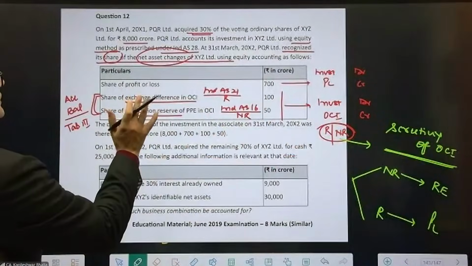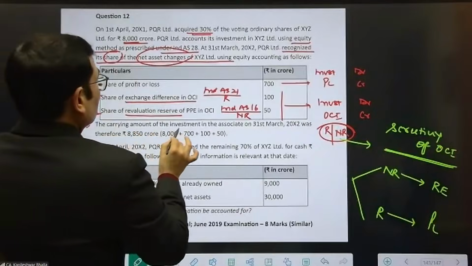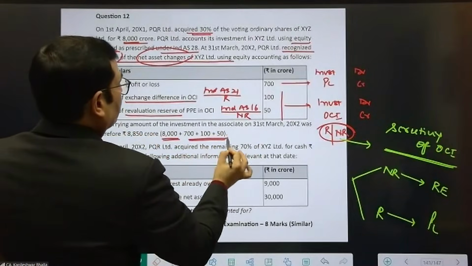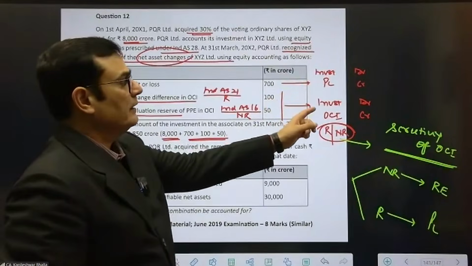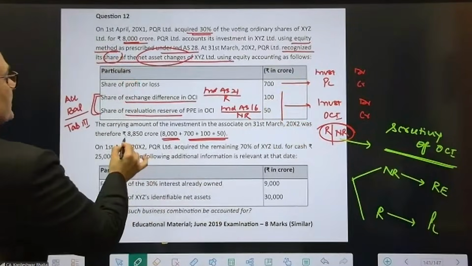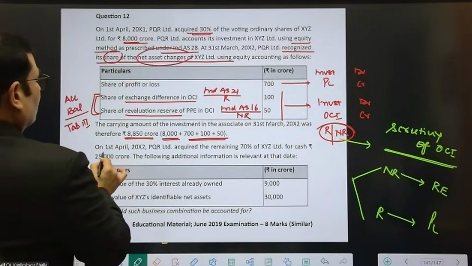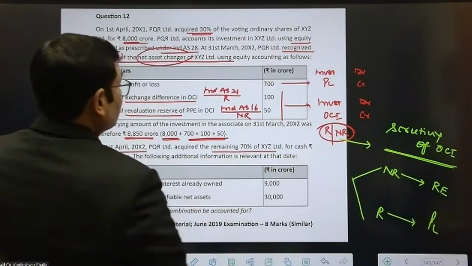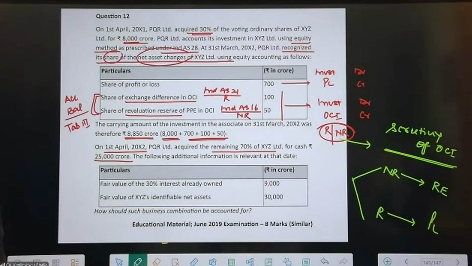Now, he tells me further, the investment was acquired at 8,000 crores. The carrying amount of the investment is, to this 8,000 crores, he added these figures, as we've done the entry, investment to P&L, investment to OCI. So this is the figure which is standing in the books of accounts. Then he says on 1st April X2, PQR acquired the remaining 70% for a cash consideration of 25,000 crores.